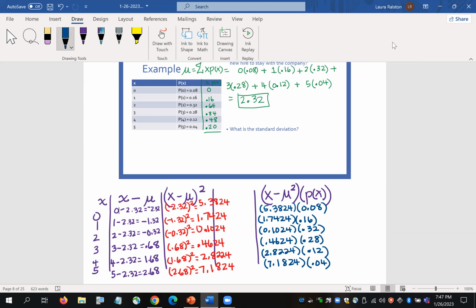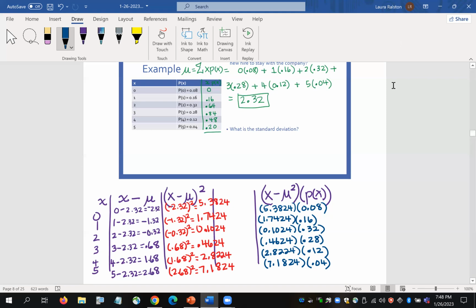Okay, I'm going to enter into my calculator 5.3824 times 0.08 plus 1.7424 times 0.16 plus 0.1024 times 0.32 plus 0.4624 times 0.28 plus 2.8224 times 0.12 plus 7.1824 times 0.04.